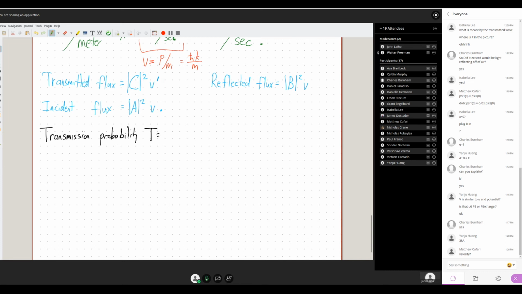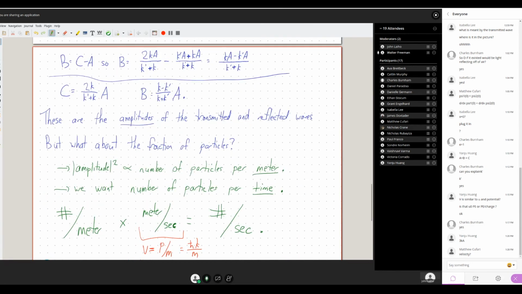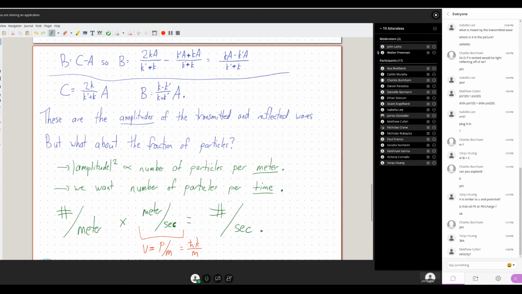So that's going to be c squared v prime over a squared v, which will be, so c, if we look up what that was, that's 2k over k prime plus k.